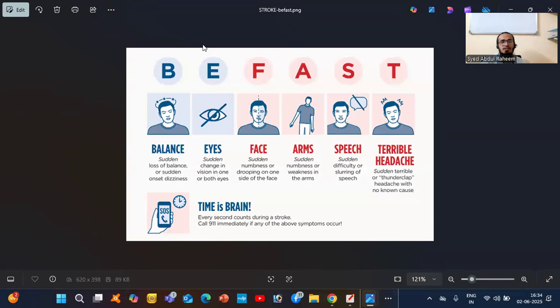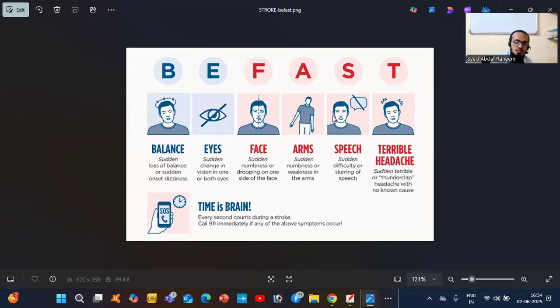So B is based on the posterior cerebellar artery problem. FAS is mostly the middle and anterior cerebral artery. So with the help of these symptoms you can easily identify which part of the brain is affected.